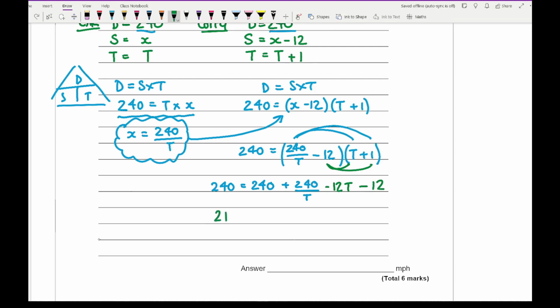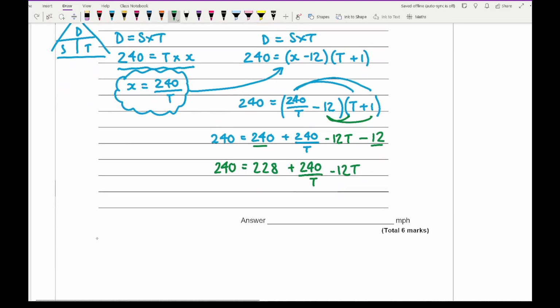So here we've got 240 equals, now 240 take away 12 is going to give me 228, and then plus 240 over t minus 12t. Now at this stage, what I'll then want to do is try and get rid of this. If I take that over to the other side, then what I end up with is 12 equals 240 over t minus 12t.